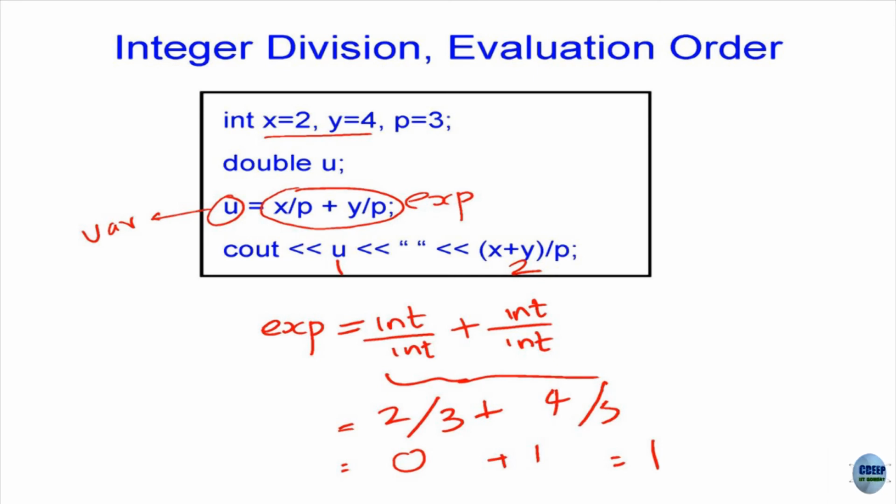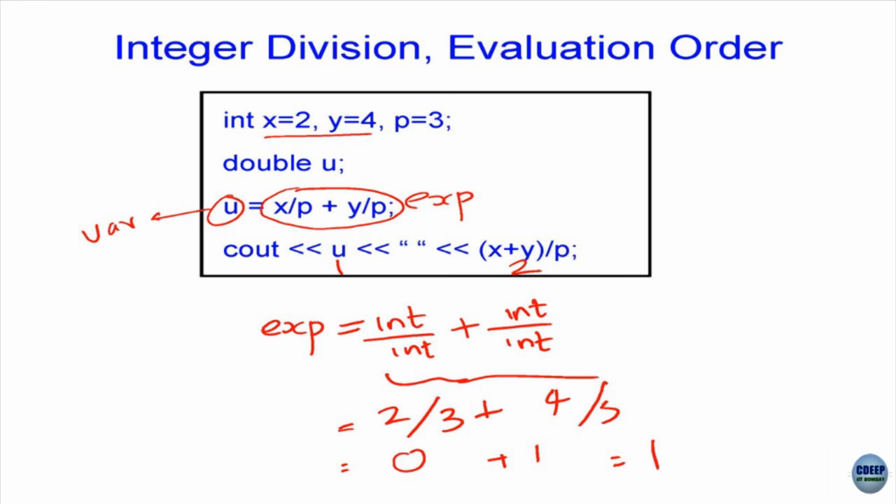What do you expect the value of u to be then? This is going to be 2 by 3 plus 4 by 3, that is 0 plus 1, that is a 1. It doesn't really matter because the right hand side is 1, it will be 1.0 if you want.